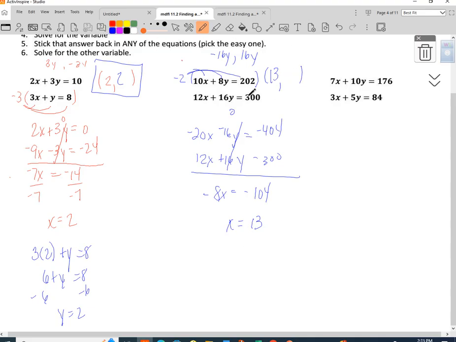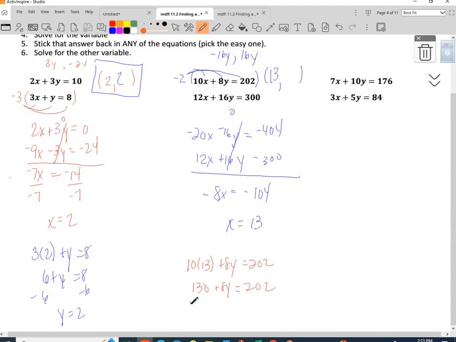I'm going to take my y-coordinate and plug into either one. Once again, I'm going to plug into that top one. It looks the easiest. So 10 times 13 plus 8 times y equals 202. I can do this math in my head. 130 plus 8y equals 202.